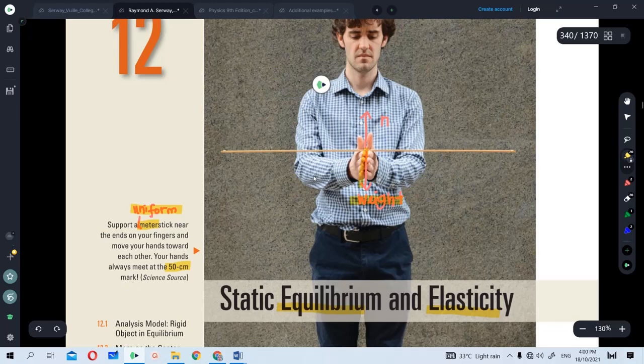What this guy is doing is he starts by placing his hand at the left end and at the right end, and then moves his hands towards the center. He figured out that both hands will meet exactly at the center because of the previous concept that you have learned, that this is the position where the center of mass is.